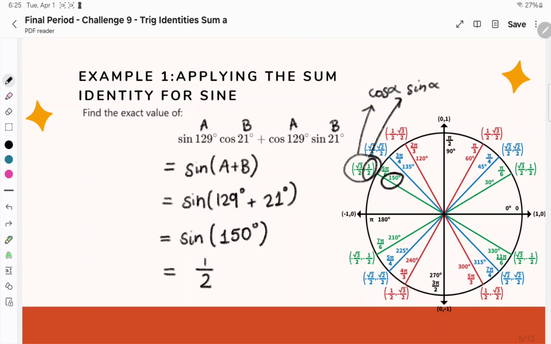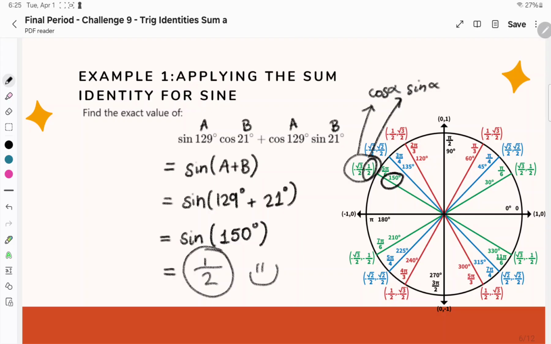Just by looking at my special angles, I'm not going to find the sine of 129 because 129 is not a special angle, neither is 21 degrees. So I make this expression into a new one that involves a special angle. And that's it. At the end, I'm just going to get something very, very simple. And this is my answer.